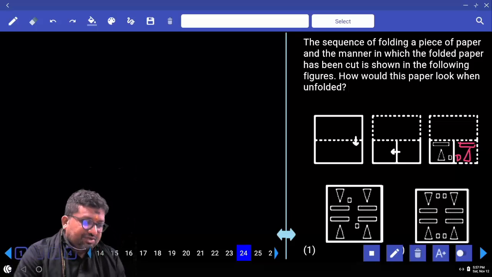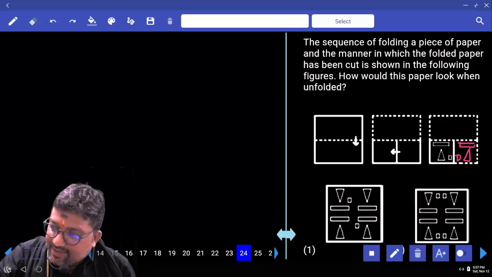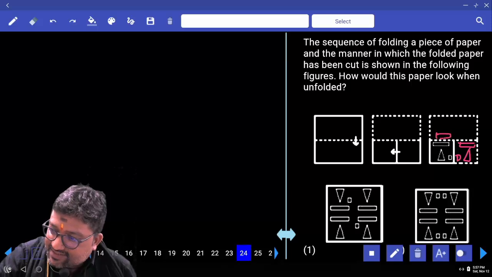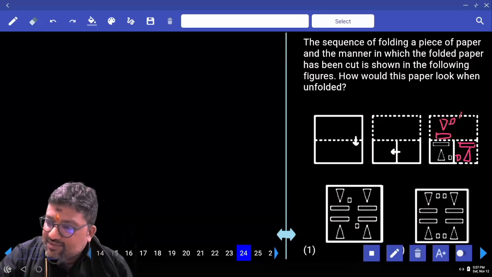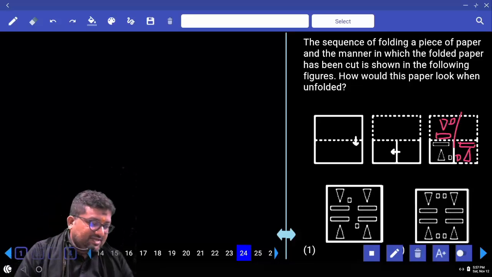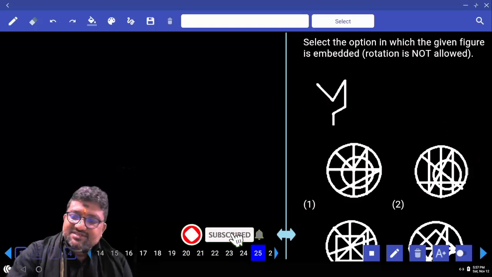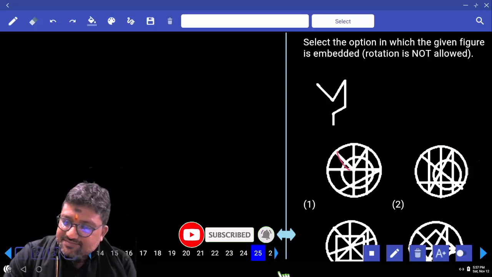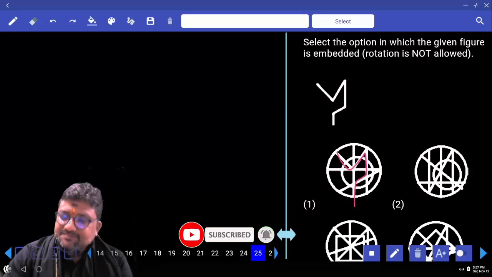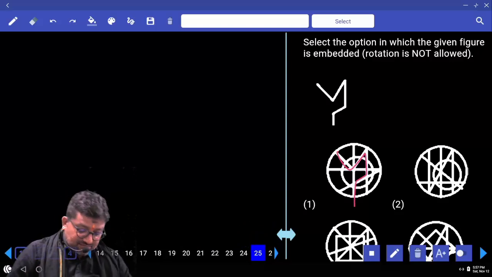But when going upward I should get something like this, yes or no? It appears only in the second option. 25, where do you see this? I can see this in the first option. Clear? Any doubts? No. Thank you.